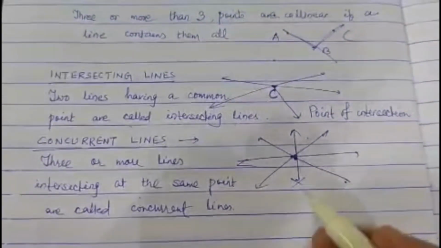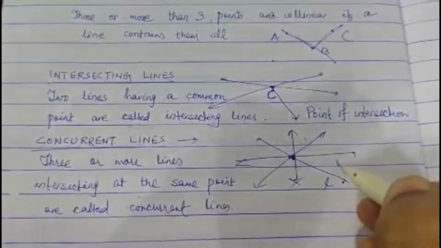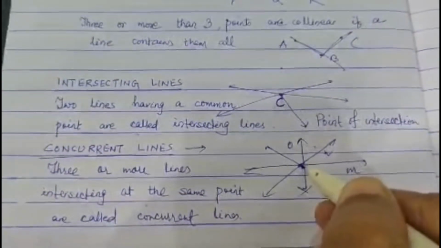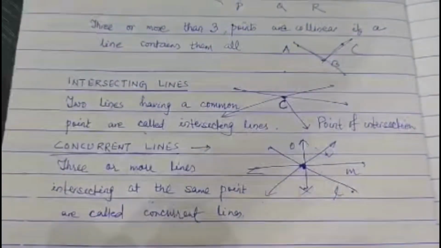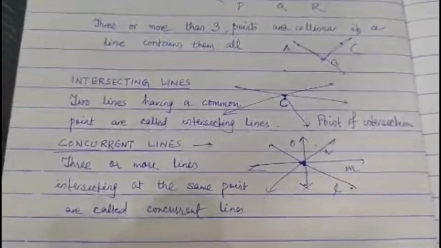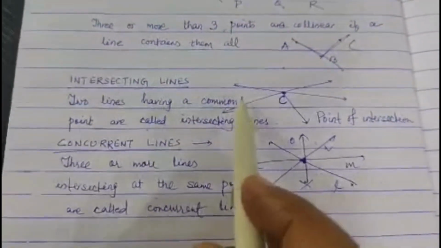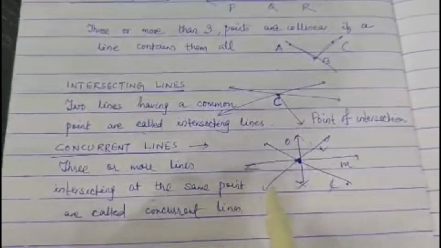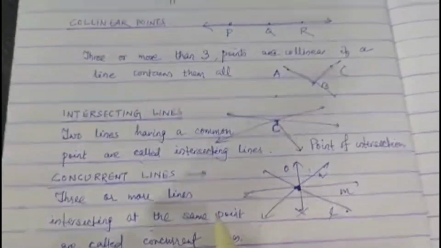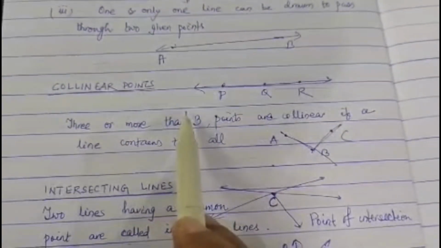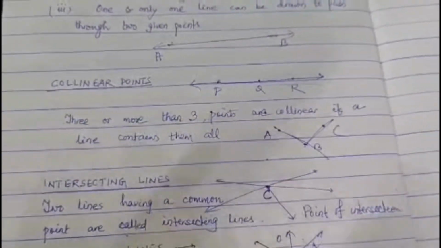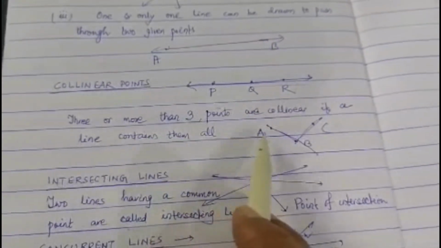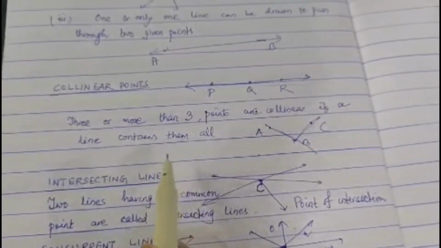So if this is line L, this is line M, this is line N, this is line O, all these lines are meeting at the same point. So these lines are concurrent lines. For intersecting lines, there will be 2 lines. For concurrent lines, there will be 3 or more than 3 lines. Collinear points, I hope you have understood, that 3 or more than 3 points are collinear if a line contains them all.